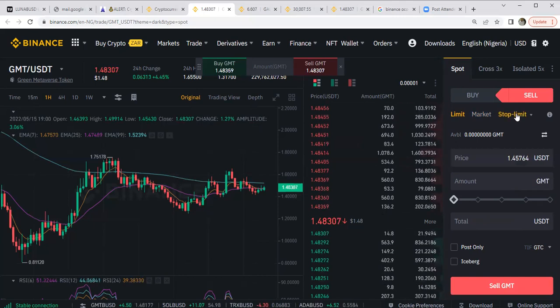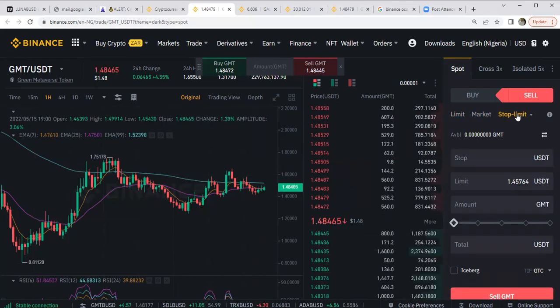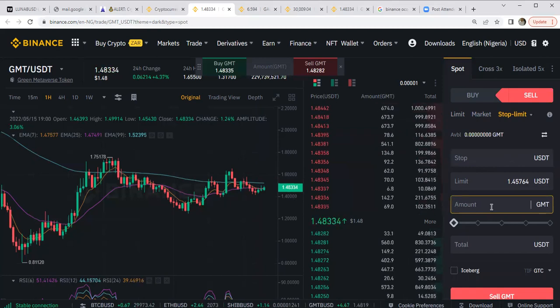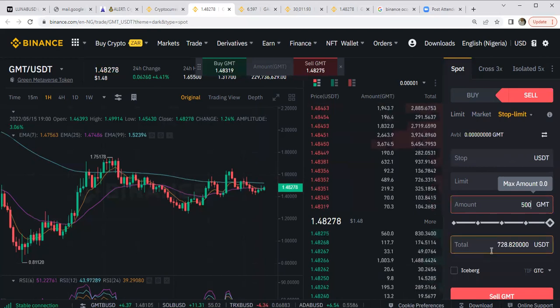You click on stop limit, and it will bring you here. Here you put the amount of GMT you purchased, maybe 500 GMT, which is 728 US dollars.